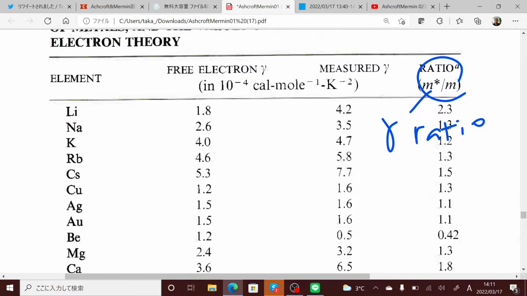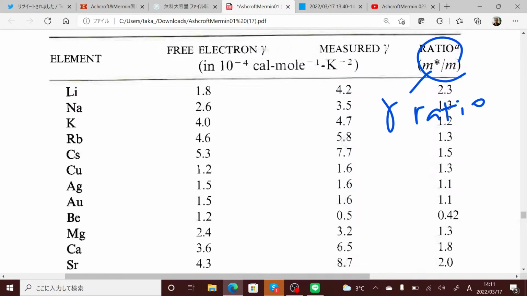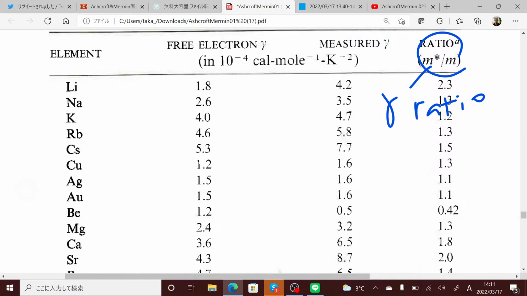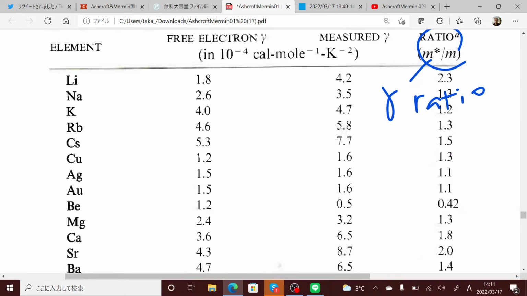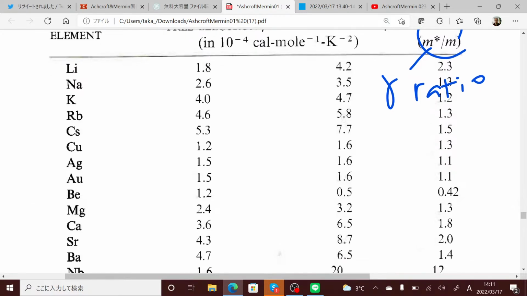So lithium, sodium, potassium, rubidium, cesium, copper, gold, silver, beryllium.